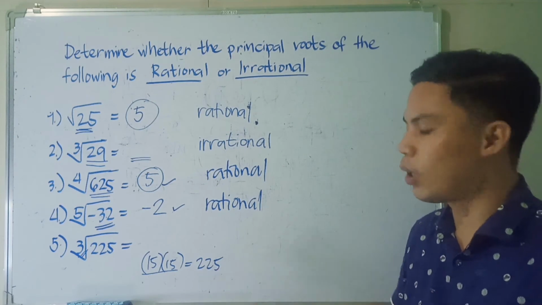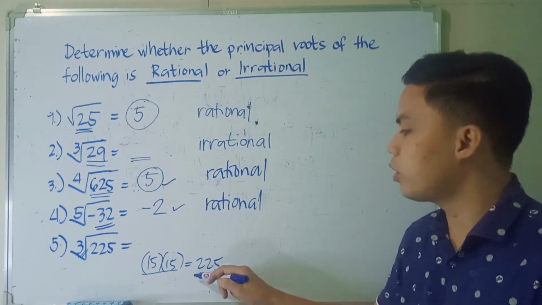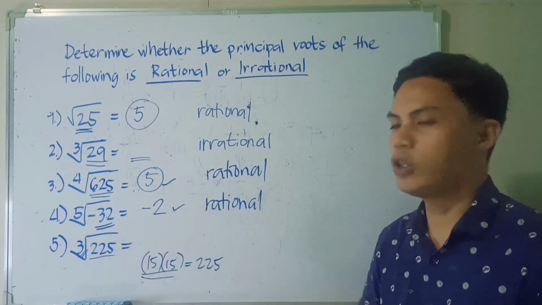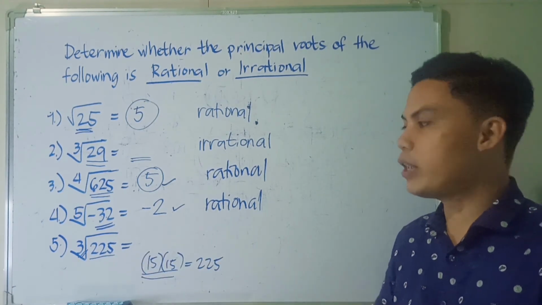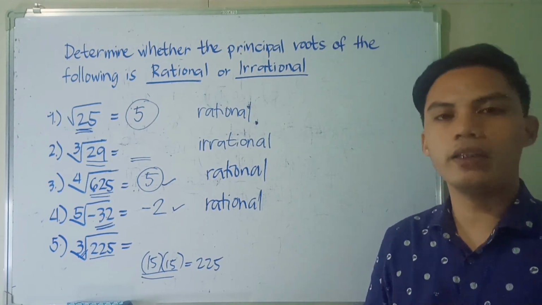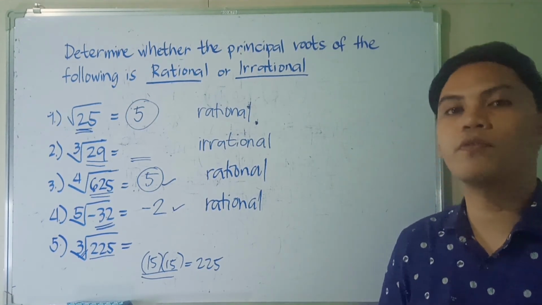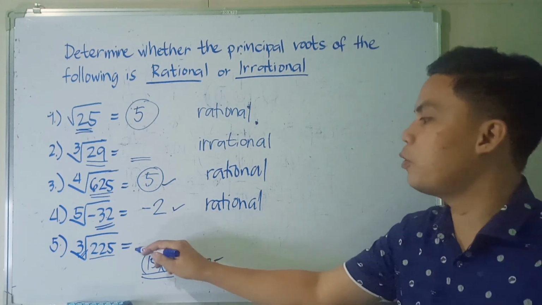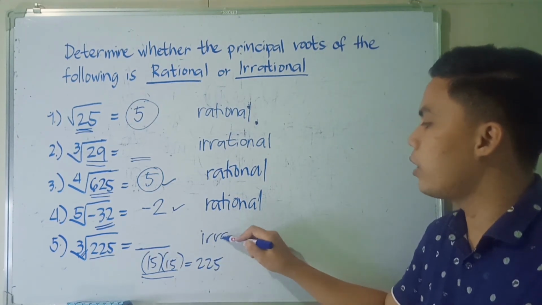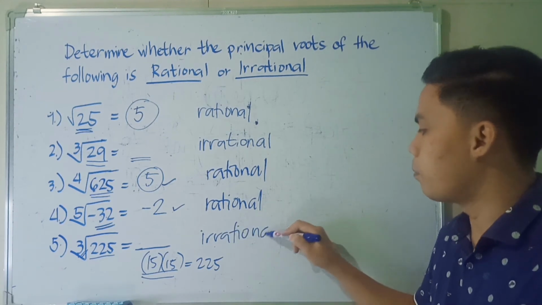Therefore, walang integer na pag imumultiply sa kanyang sarili 3 times would be equal to 225. Therefore, yung radicand natin na 225 is not a perfect nth power or not a perfect cube. So it follows kung ano man yung magiging principal root niya, it would be an irrational number.